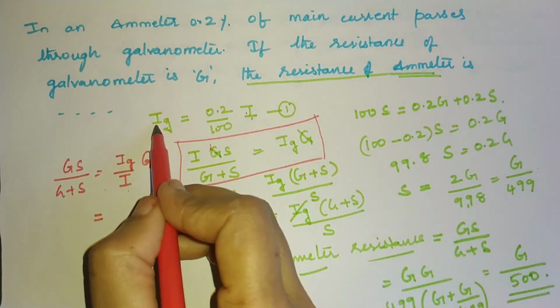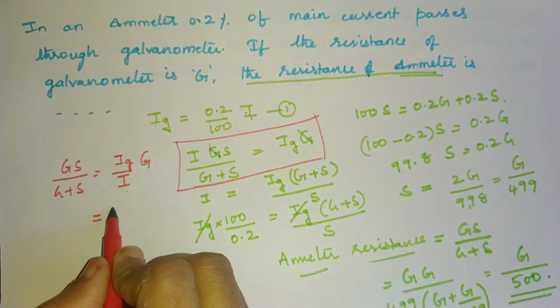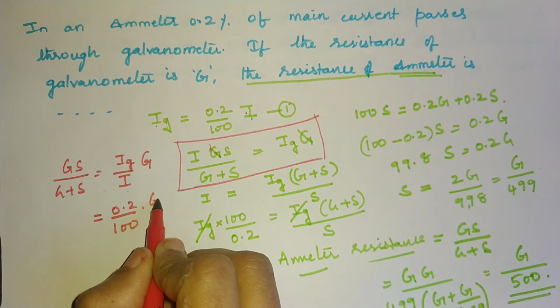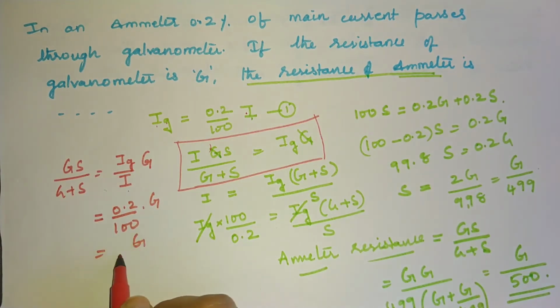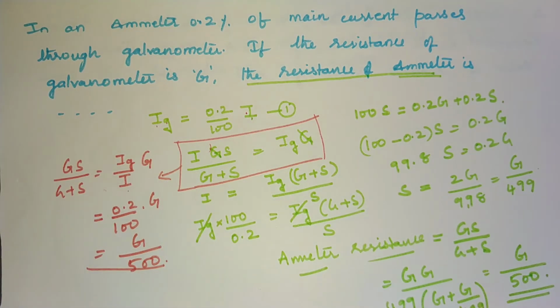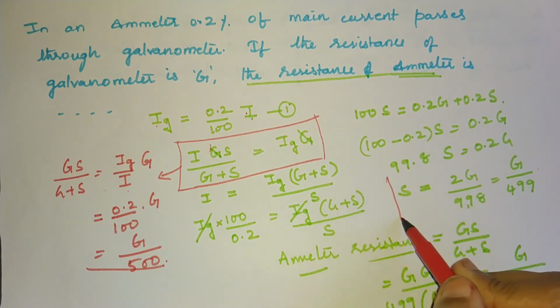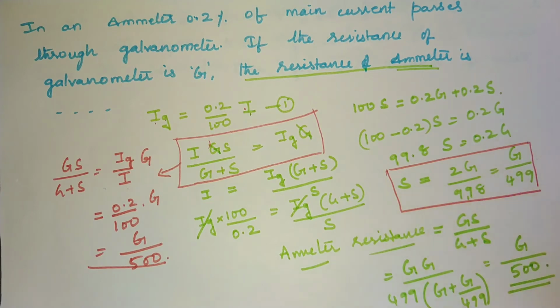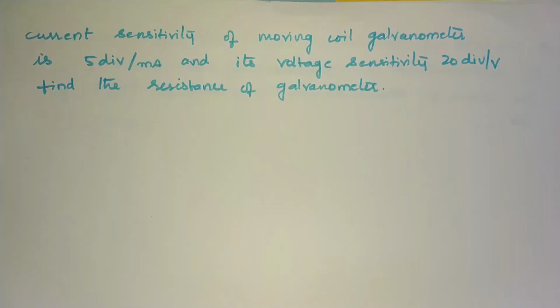From this equation, Ig by I is 0.2 by 100, into G. That's nothing but G by 500. See, we got the answer in one step if you go by this process, instead of finding out the shunt resistance. But if the question is to find the shunt resistance, you have to solve till here and get the shunt as G by 499.